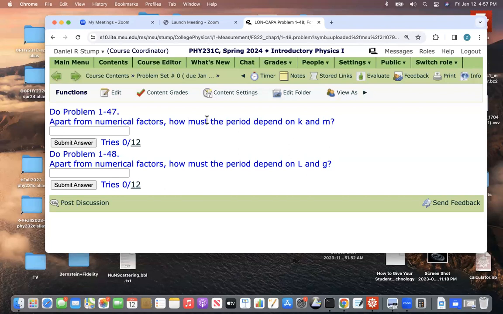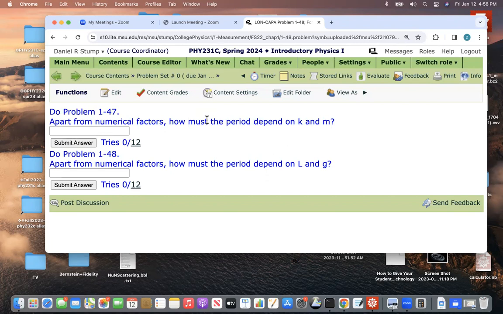It's Section 1.3. Section 1.3, the part which is called dimensional analysis, is what's going to help you to do this problem.